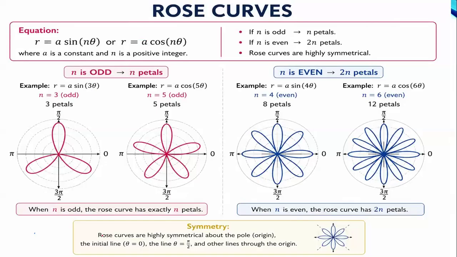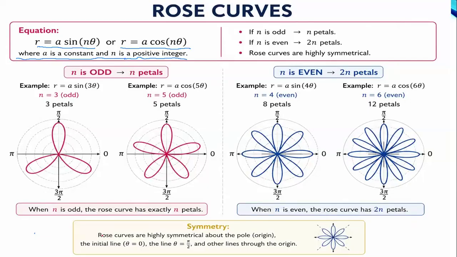So here we're going to focus on the rose curves. The equation we have here is r is equal to a sine n theta, or r is equal to a cos n theta, where a is a constant and n is a positive integer.